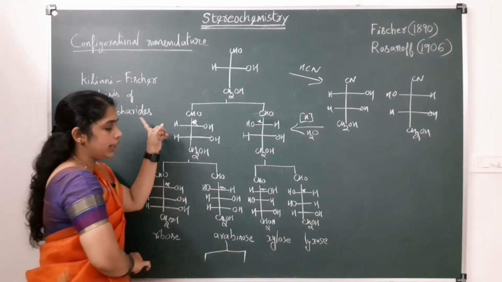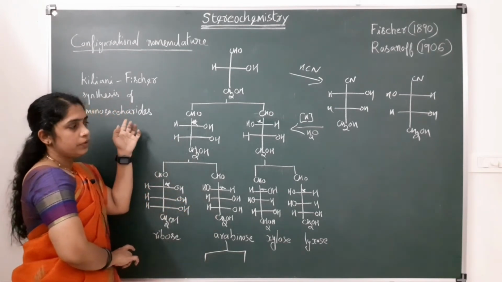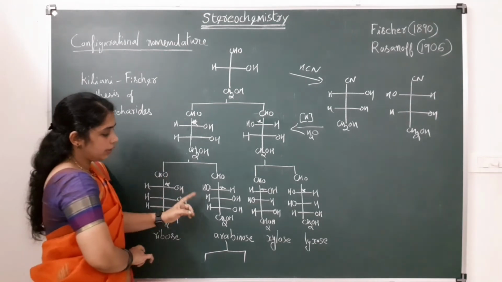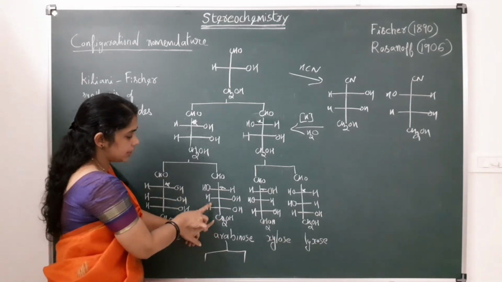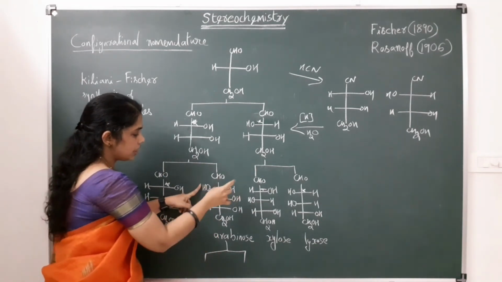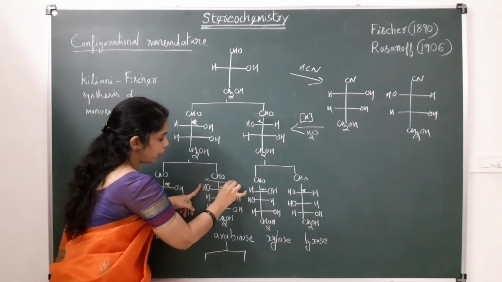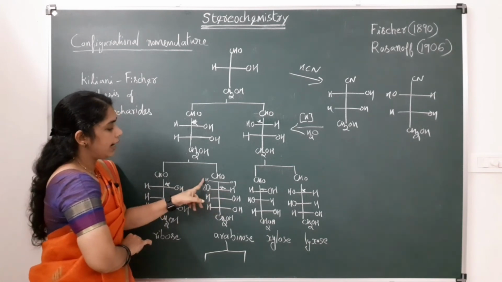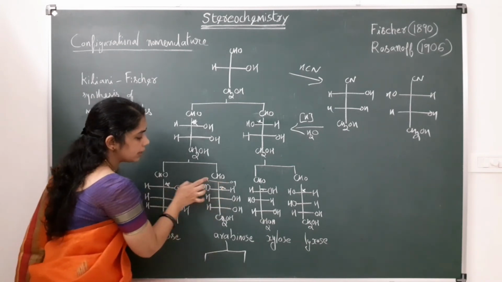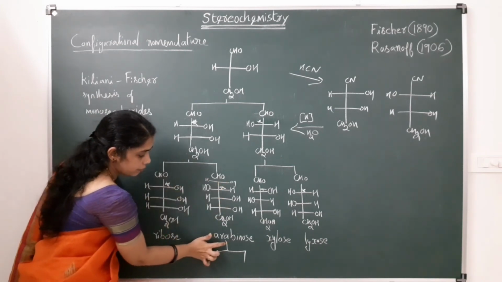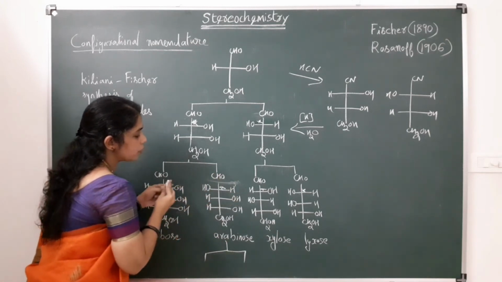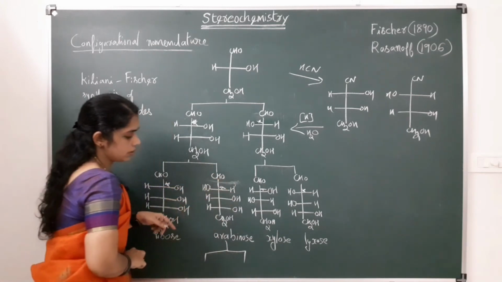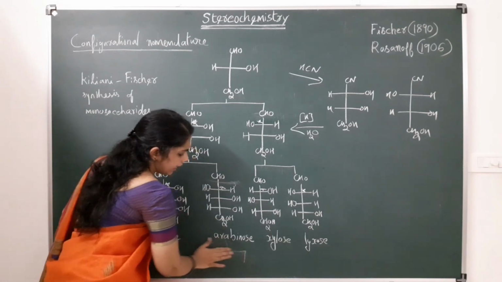What is glucose? We already discussed glucose in the beginning. Glucose is CHO, CHOH, CHOH, CHOH, and then CH2OH, with HOH, HOH, OHH, and here comes HOH. A new asymmetric carbon will come here. So from arabinose we can create glucose, which is a hexose.